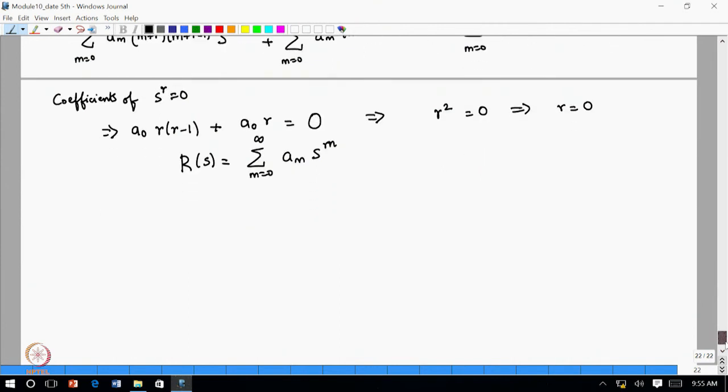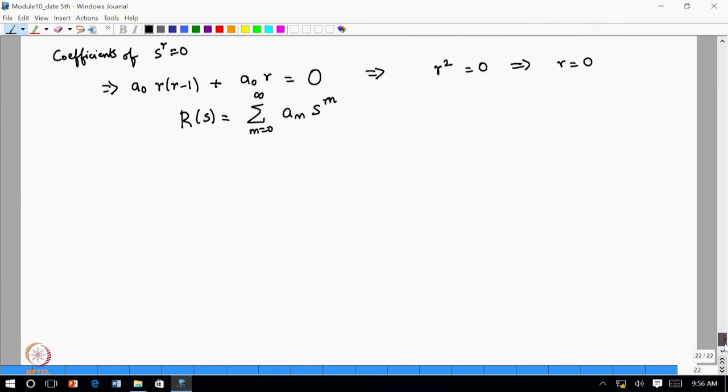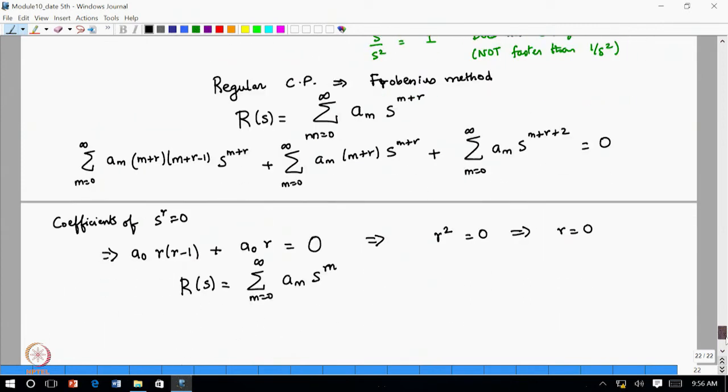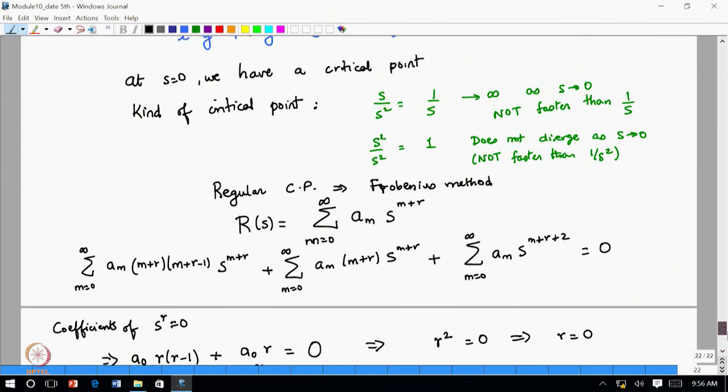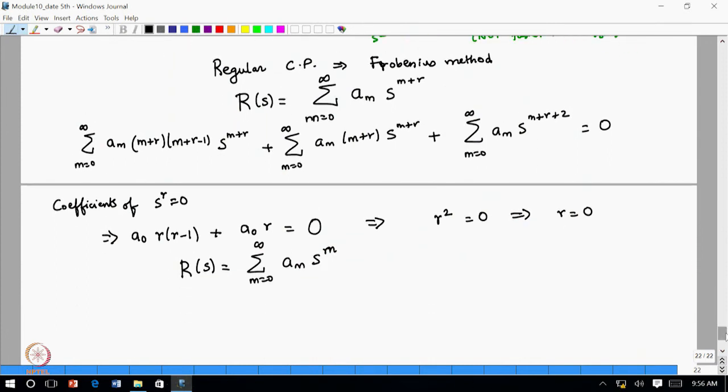And now we can substitute in the equation. So let us go back to this expression. Your equation becomes the sum over m equal to 0 to infinity of a m times m times m minus 1 s raised to m.